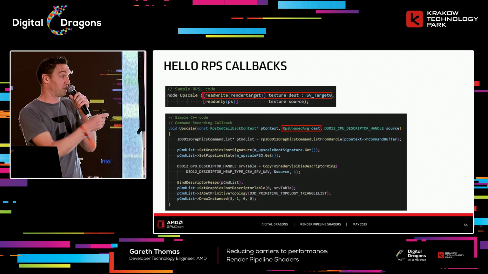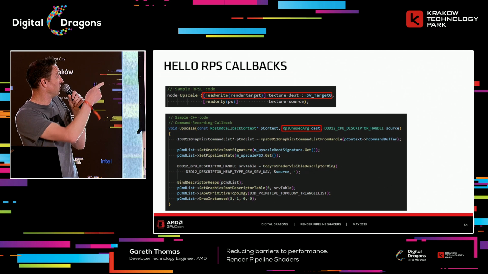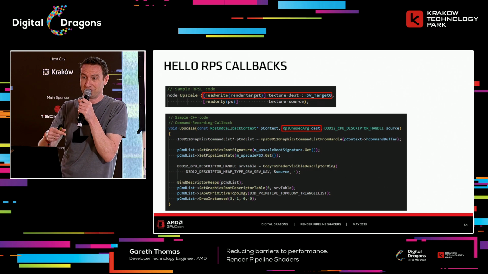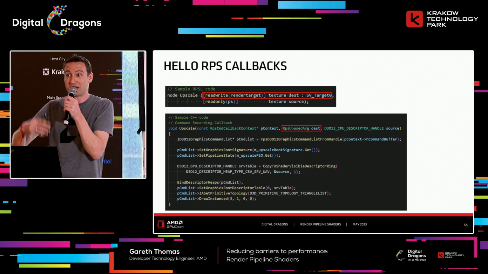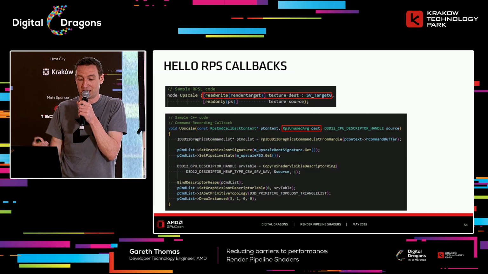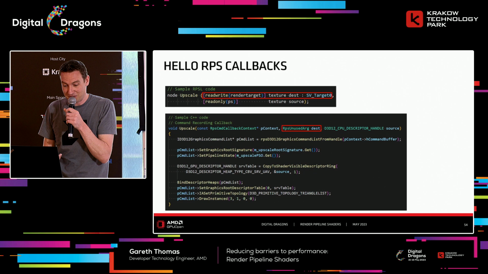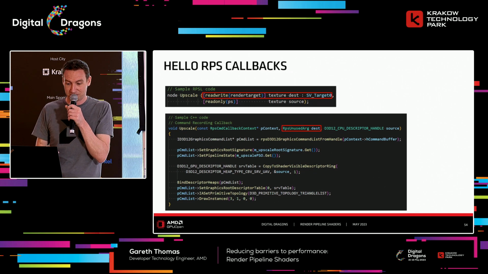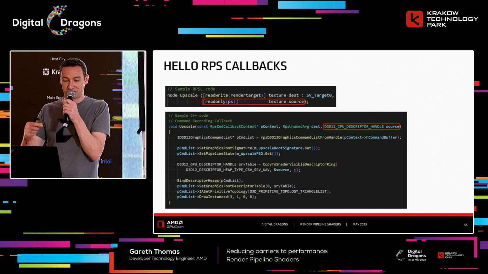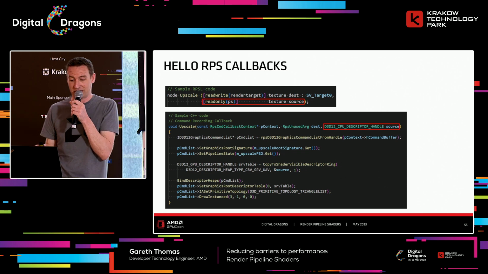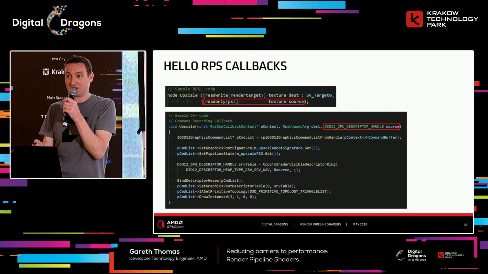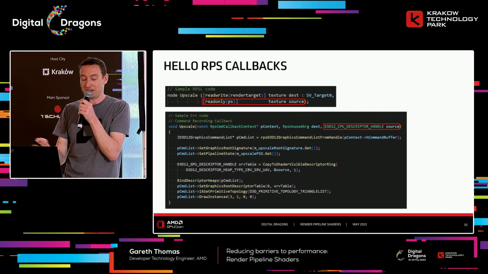But after that, the first argument from the RPSL is the render target. Now, RPS actually binds that for you, so you don't really need to use it. You can opt out of that. You can bind it yourself if you really wanted to, and you do have access to that target, but RPS can bind it for you, so there's no need to use that one. And then the next one you receive as, well, there's different options here, and we'll talk about this later, but you can receive it as the raw descriptor handle. So you bind that, and away you go.